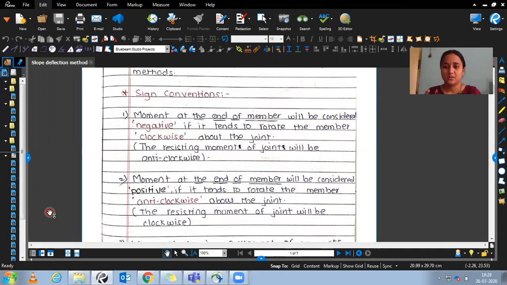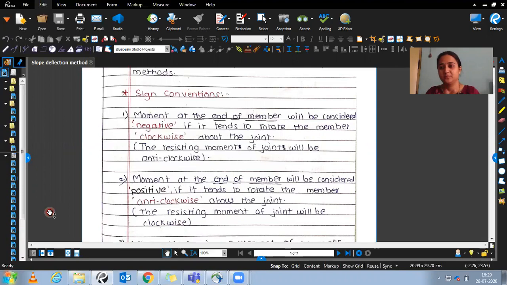Just remember, this is for end moments, for finding end moments. If the moment at the end member is trying to rotate the member in clockwise direction, then that moment will be considered negative.